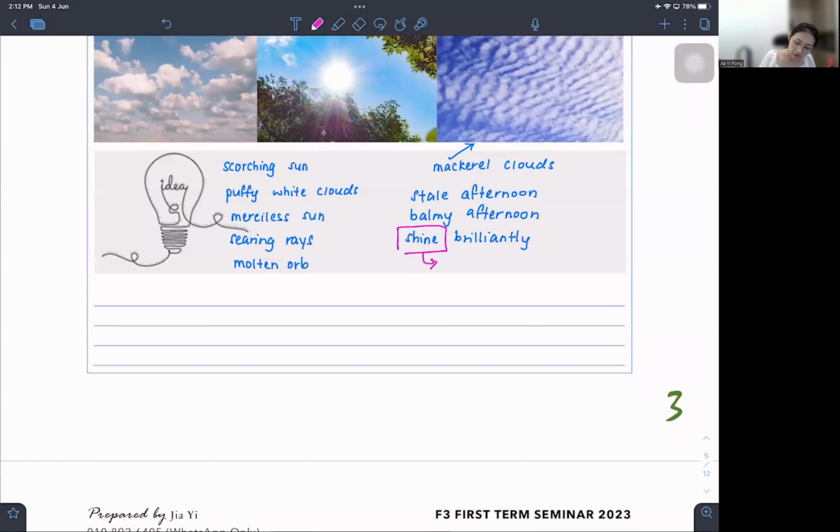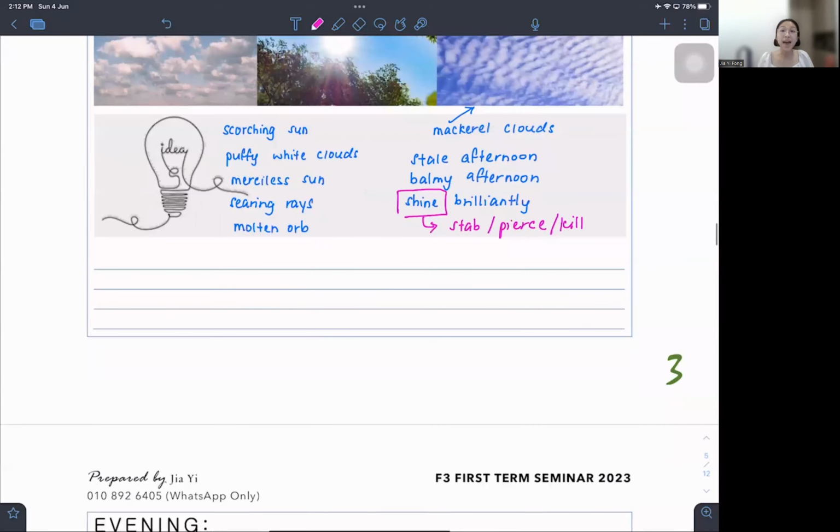Instead of using shine, you can change it to stab. You can change it to pierce. Killing me, no problem. Killing me. Okay, penetrate. I wouldn't use the word penetrate. Okay, thank you for your suggestion.